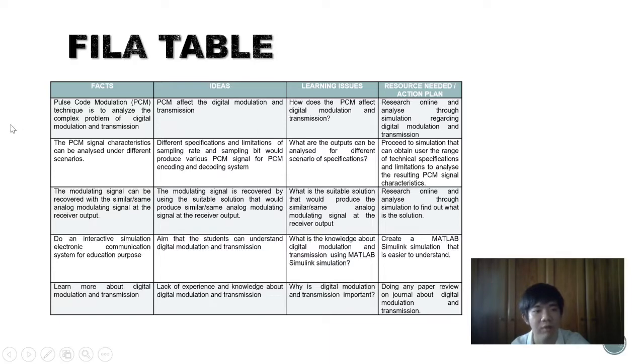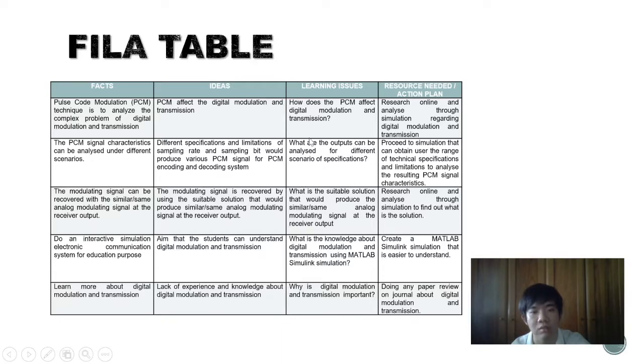So the second fact, we know that the PCM system characteristic can be analyzed under different types of scenarios. We found out that the different specifications and limitations for the sampling rate and also the sampling bits will produce various PCM signals for the PCM encoding and decoding system.